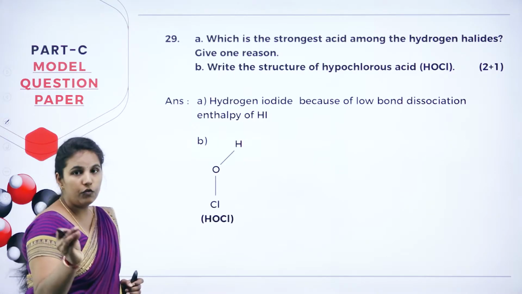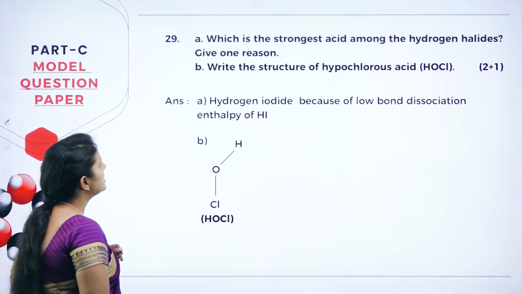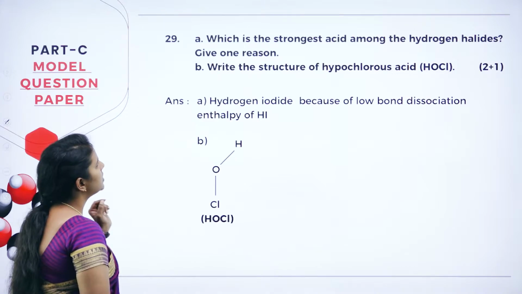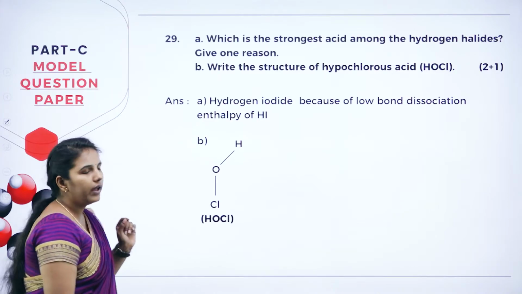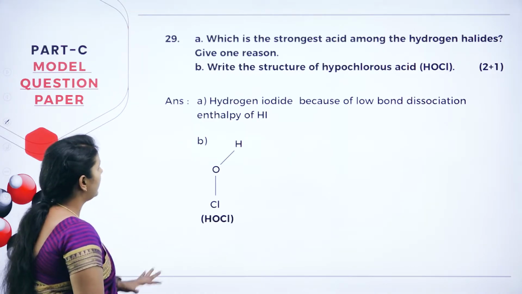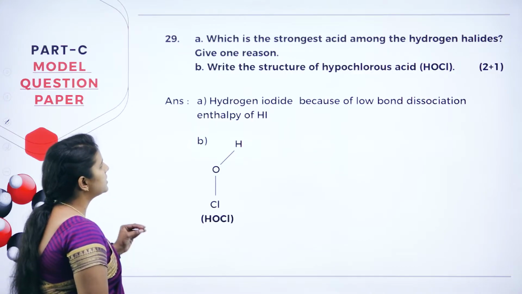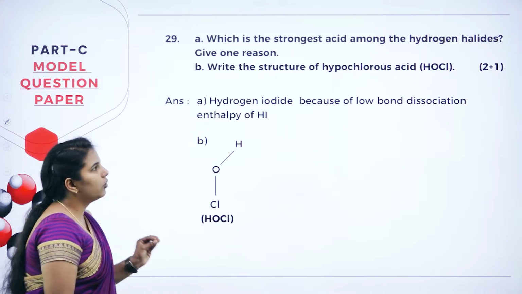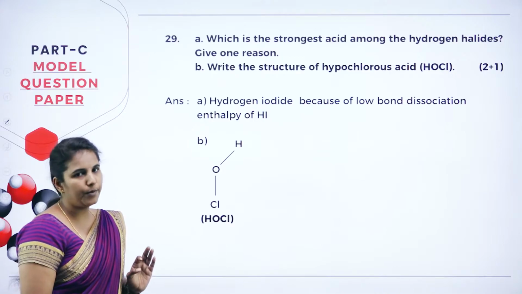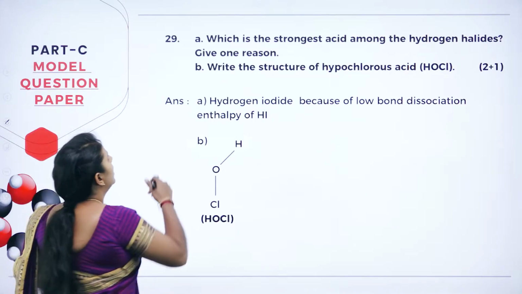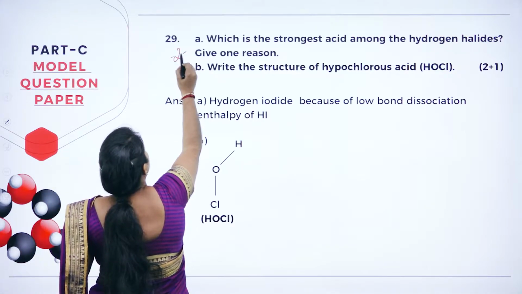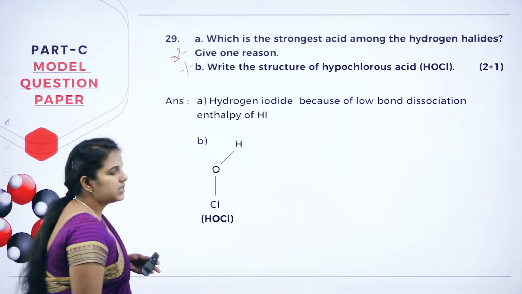Next we have one more question from the P block: which is the strongest acid among the hydrogen halides? Give one reason, and write the structure of hypochlorous acid. Again, the first question will carry 2 marks and the second one will carry 1 mark.